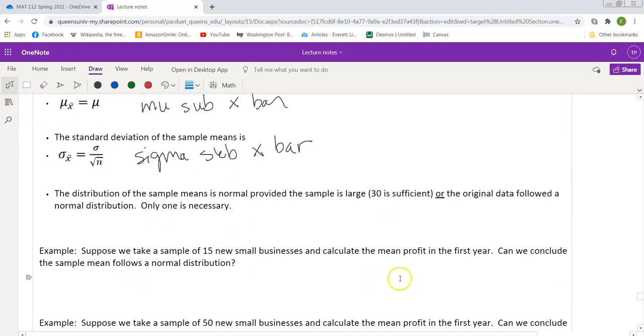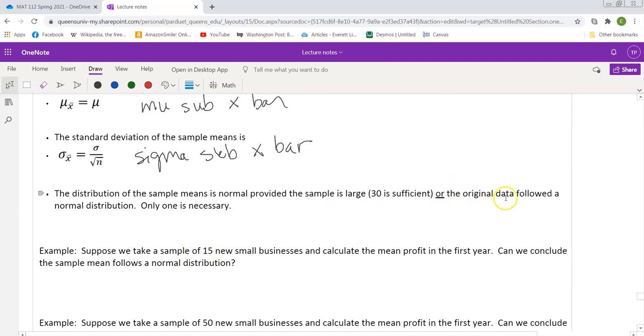Can we conclude, based on what we've got here, that the sample mean follows a normal distribution? Well, if we look back at our two conditions here, the first question is the sample large? And we're looking for 30 or more, and we don't have that.